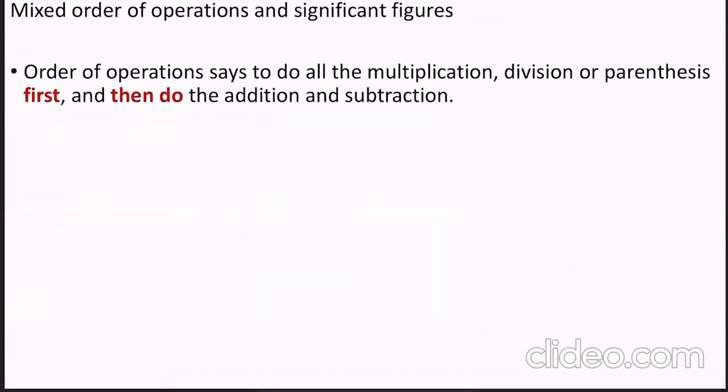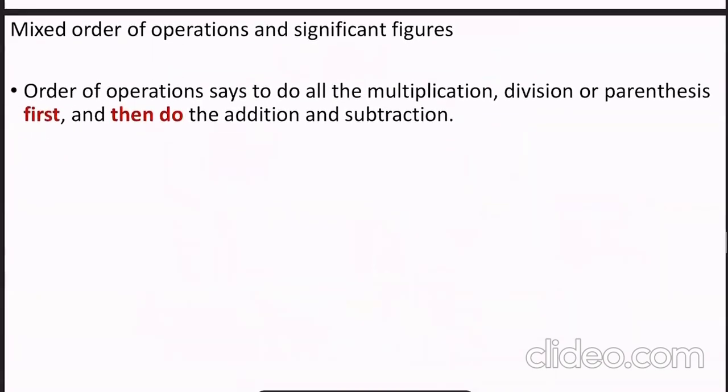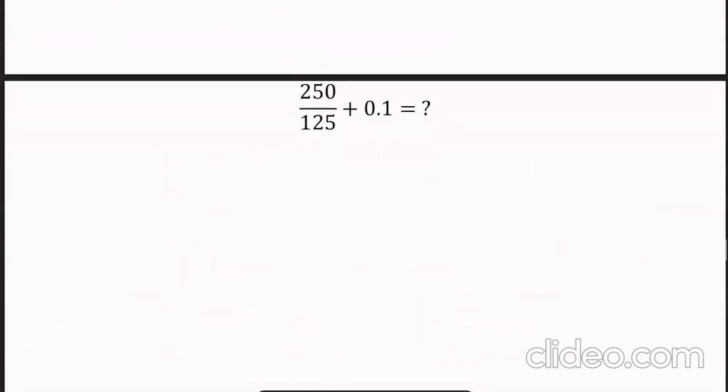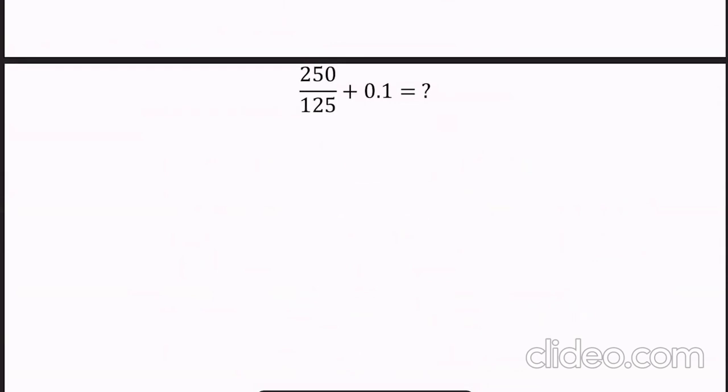Sometimes we have to do mixed order of operations, right? Sometimes we have multiplication, division, and addition, subtraction. So here we see an example of that, right? So we have 250 divided by 125 plus 0.1, and we have to maintain the right number of significant figures.